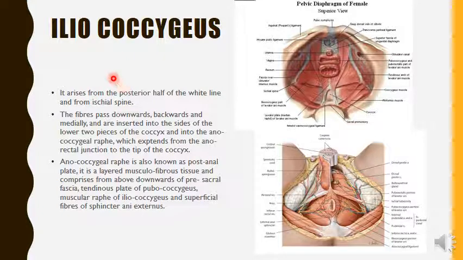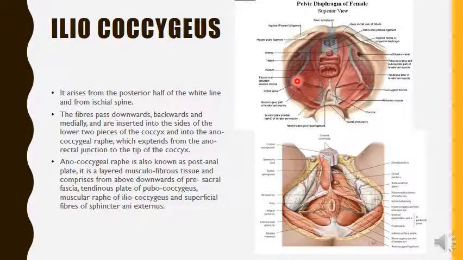So iliococcygeus arises from the posterior half of the white line and also from the ischial spine. So this is the white line, right? This complete thing is the white line. From the posterior half of this white line it takes origin, and also some fibers arise from the ischial spine here.